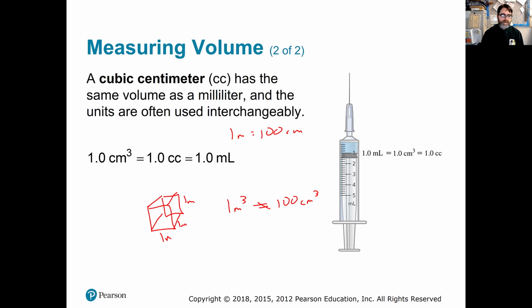Because if we relabel the cube there, this is 100 centimeters by 100 centimeters by 100 centimeters. Well, that is 100 centimeters multiplied by itself 3 times, or 100 centimeters cubed. And so it actually turns out that 1 meter cubed is 100 cubed, which comes out to be 1 million centimeters cubed.